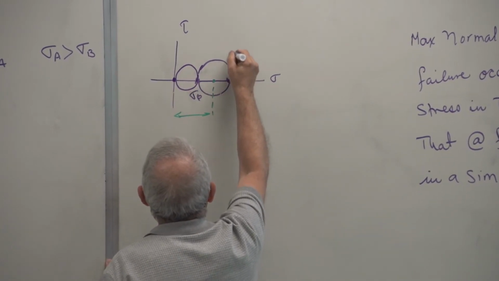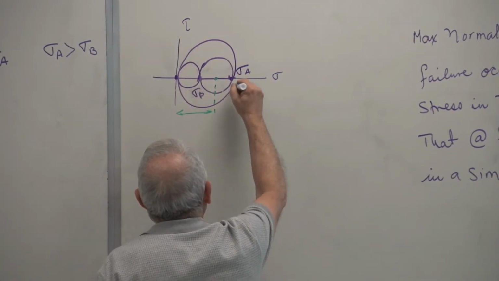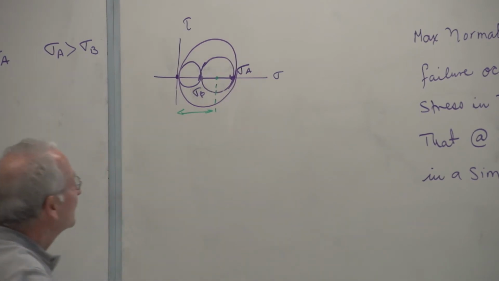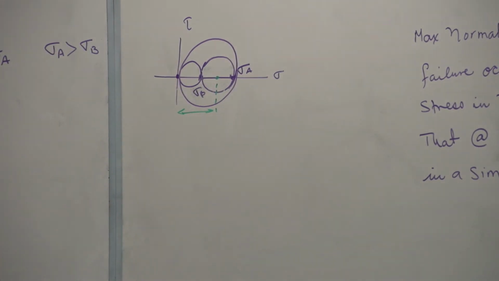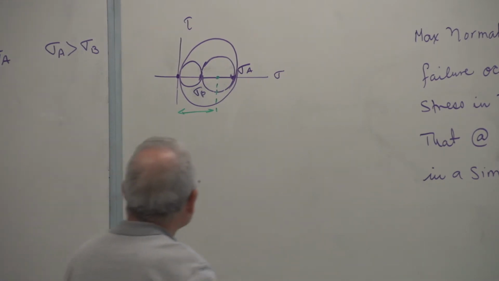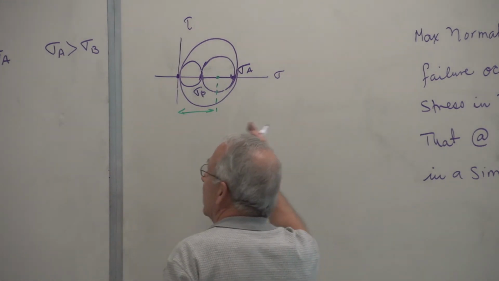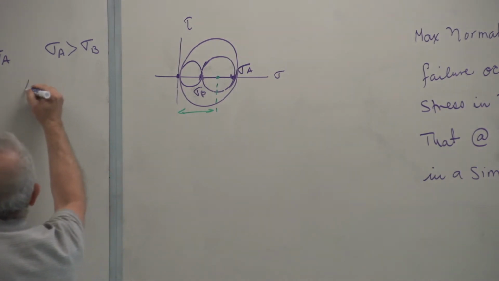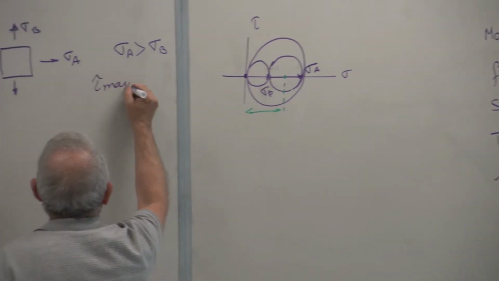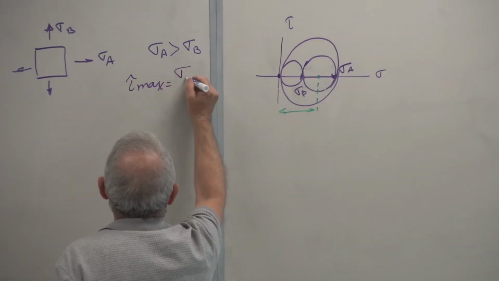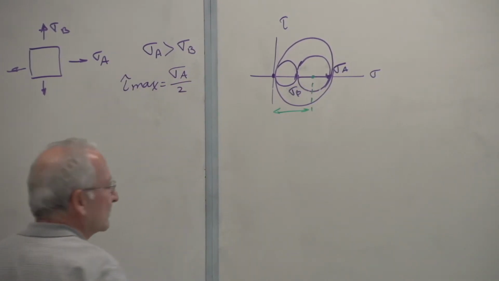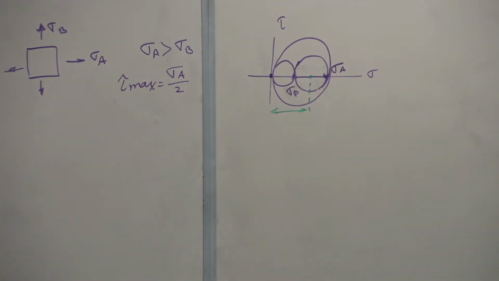So draw all three Mohr's circles. And now you can find the magnitude of the maximum shear stress. And as you can see, in this case, sigma A over 2. Agreed?